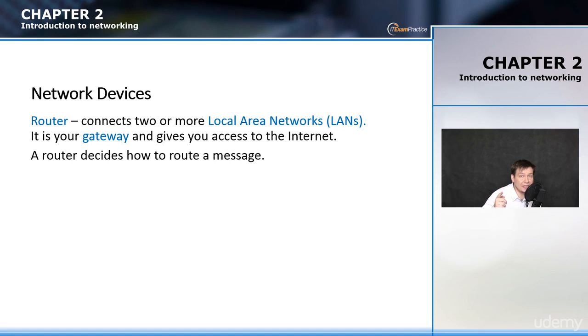And it is a router's job to decide, okay, shall I go left or right? What's the best path? Which one is more reliable, faster? We'll talk about the routing protocols because they are responsible for all these decisions. But a router decides how to route, how to send a message.